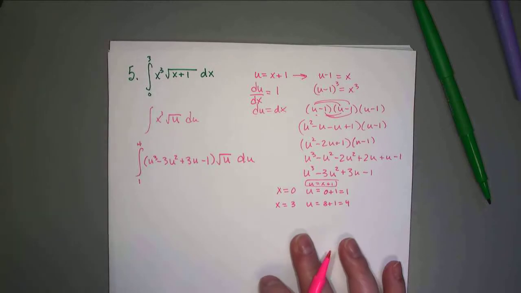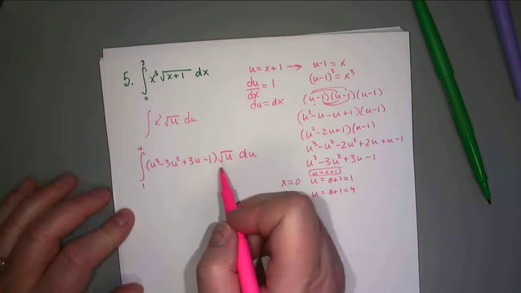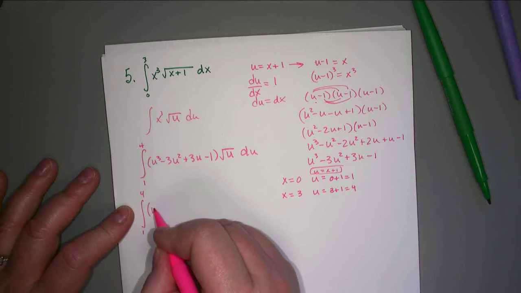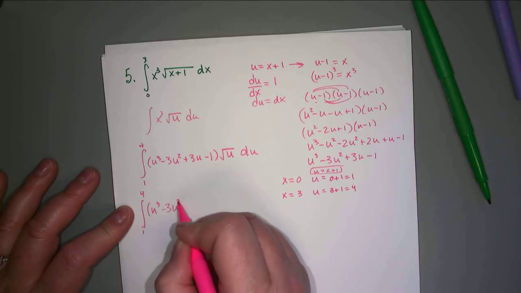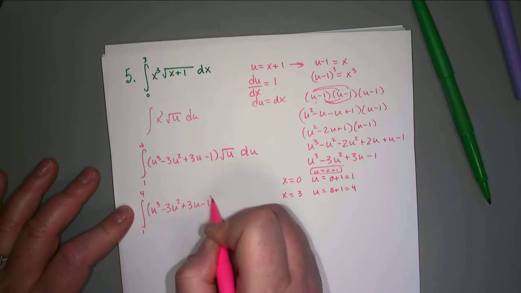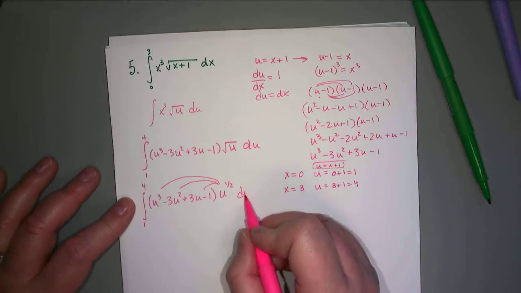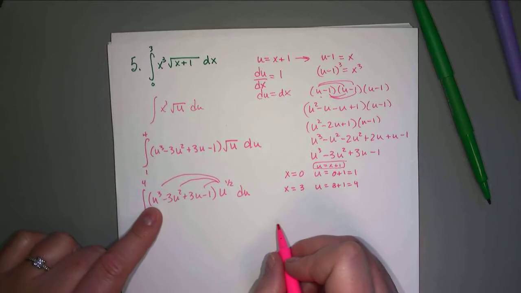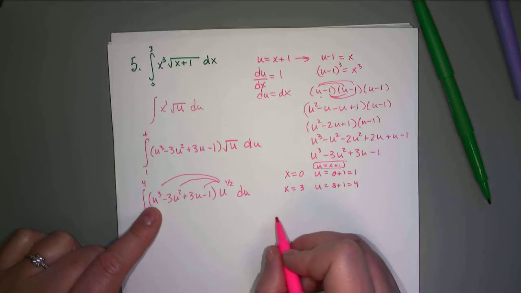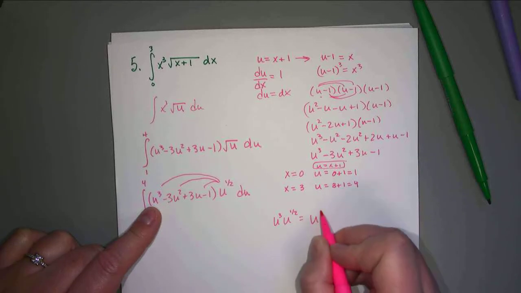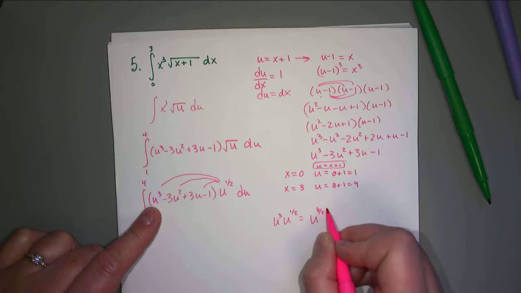All right, now how do you solve this? Well, we would write this as a half power. And then multiply it through. So when you multiply it through, you add the exponents. So we'll have u cubed times u to the half. So this is 6 over 2 plus 1 over 2.